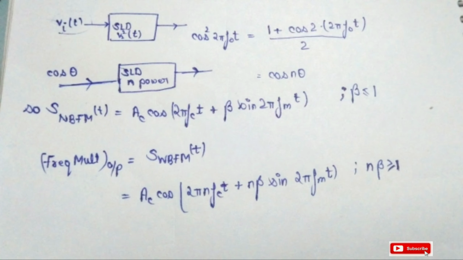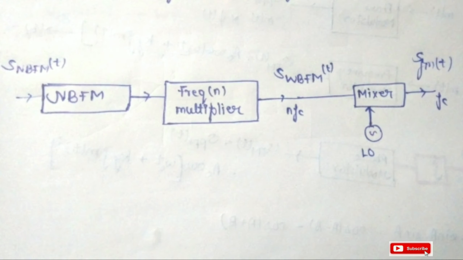Now the question arises: if we get the wideband frequency modulated signal as the output, then what is the need of the mixer and the local oscillator as the second input? Because this is not our desired output. Suppose we want to obtain 94.3 FM frequency as the output, and the output of the wideband frequency modulator is 100 megahertz, or we can assume 95 megahertz. So this is not our desired frequency. So we provide a local oscillator as an input to the mixer, and the second signal is the wideband frequency modulated signal.